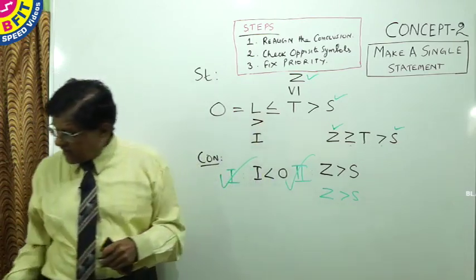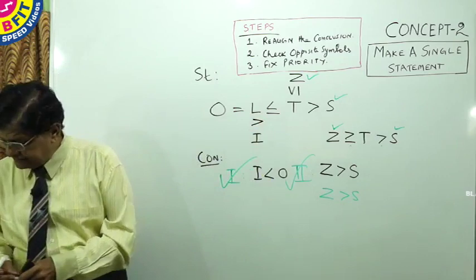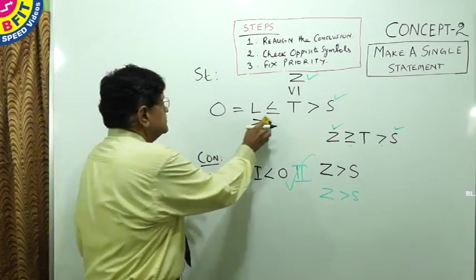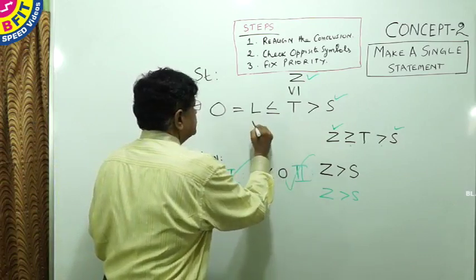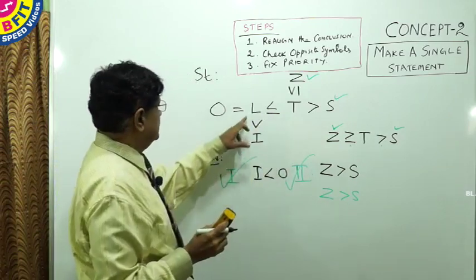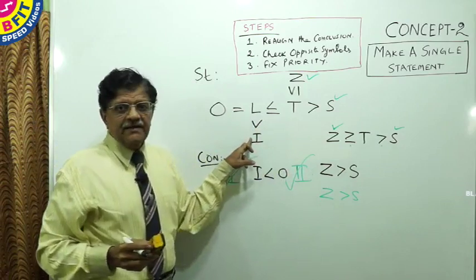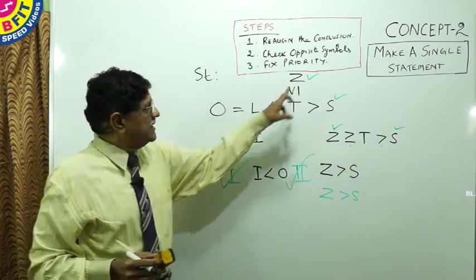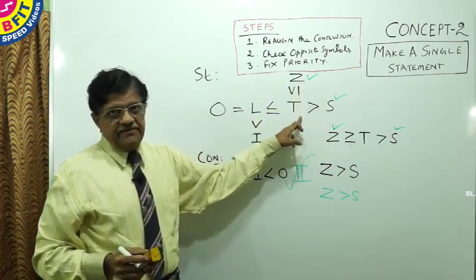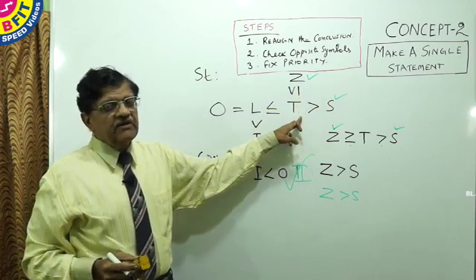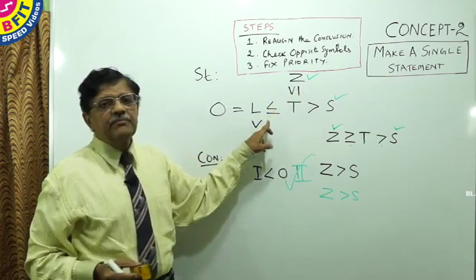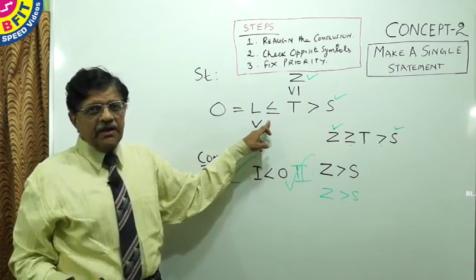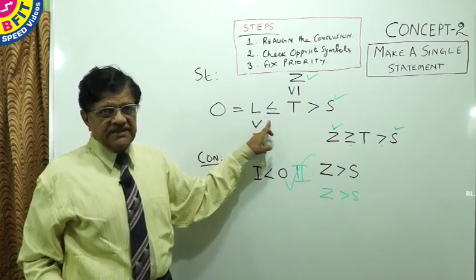Therefore, it is better to always write like this, so we know L is always greater than I. Follow a similar approach for Z and T, so that we will not make a mistake. This way the concept will be very simple, and while drawing conclusions we will not make mistakes.